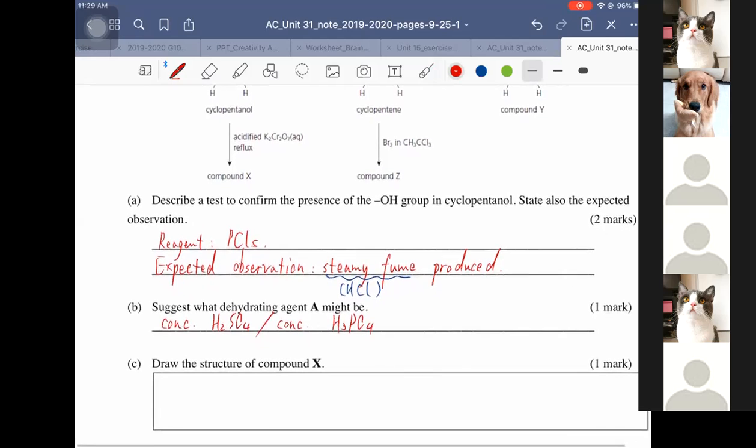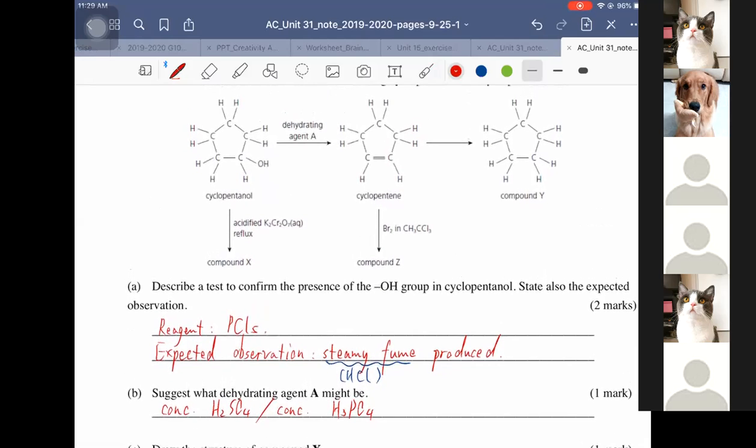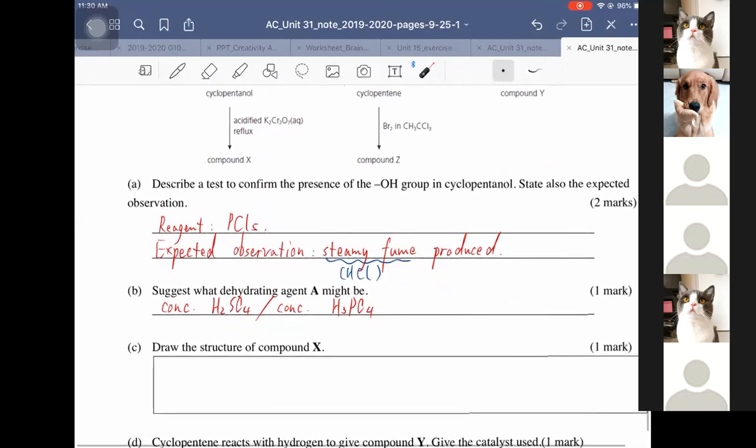Okay, and then next part, draw the structure of compound X. For this one, we have the alcohol, and we heat it under reflux with acidified potassium dichromate. So the hydroxyl group will become a carbonyl group. Let's draw that out.